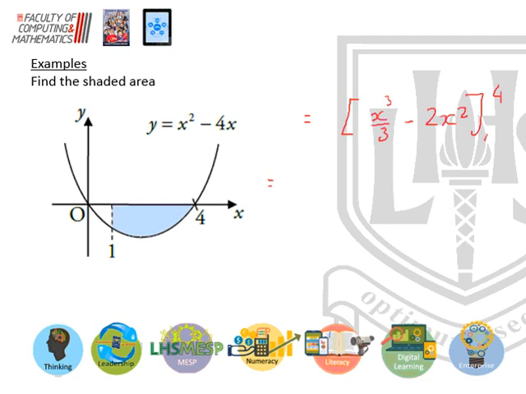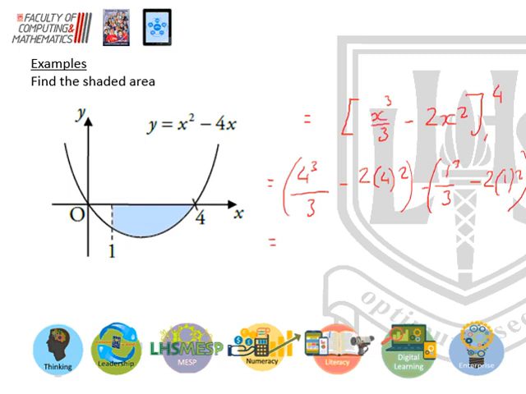So we'll substitute in 4 again, and we'll do the same thing afterwards but with 1. So 1 cubed over 3 minus 2 times 1 squared.